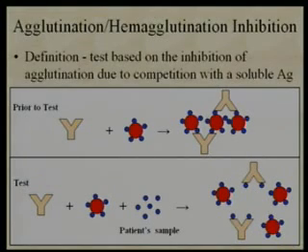So what's going to happen? If the patient sample does have antigen, then that antigen is going to compete with the antigen that's bound to the particle for binding to these antibodies. And you will block the agglutination. The antibodies will be tied up binding to the soluble antigen and won't be able to cross-link the erythrocyte. So a positive hemagglutination inhibition test means a lack of agglutination.